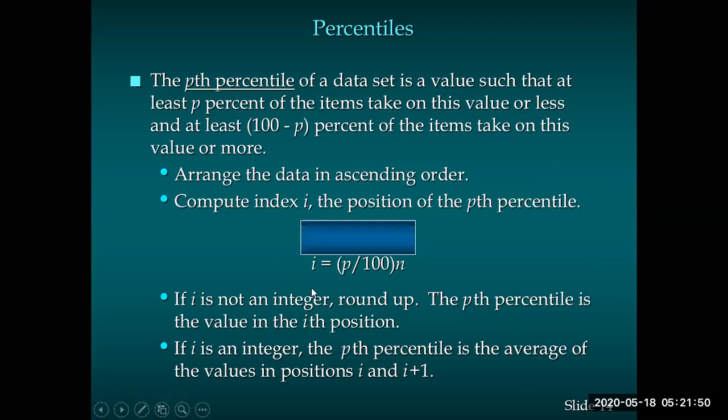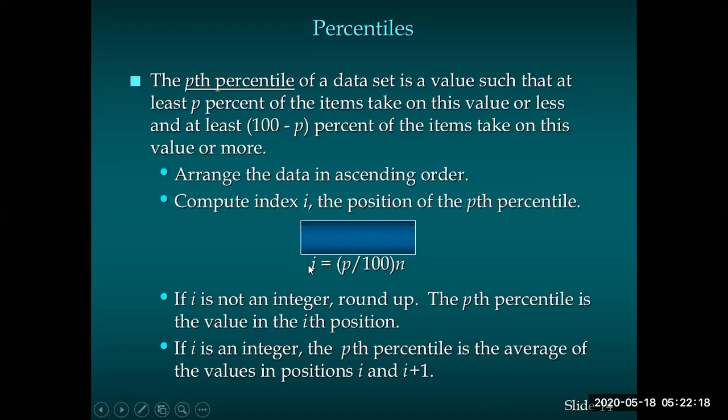So if I'm working out a percentile, the pth percentile, maybe 10th or 20th, I will take the 20th percentile to be 20 by 100 into the number of observations. If I'm taking the 30th percentile, then it will be 30 by 100 into n. So hopefully an i value will come up for a particular percentile.